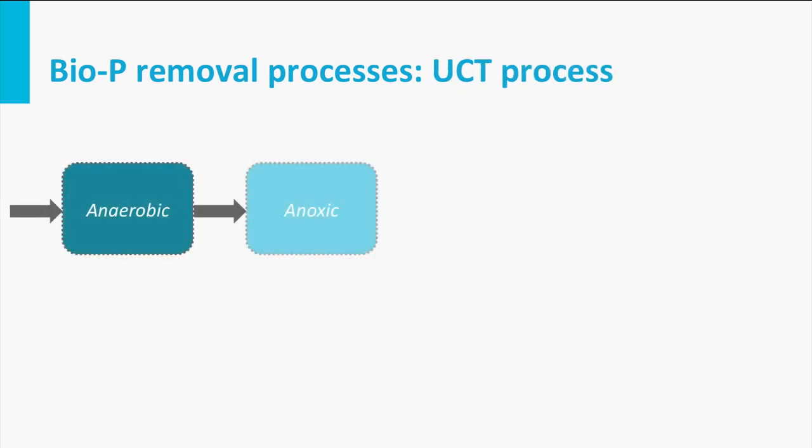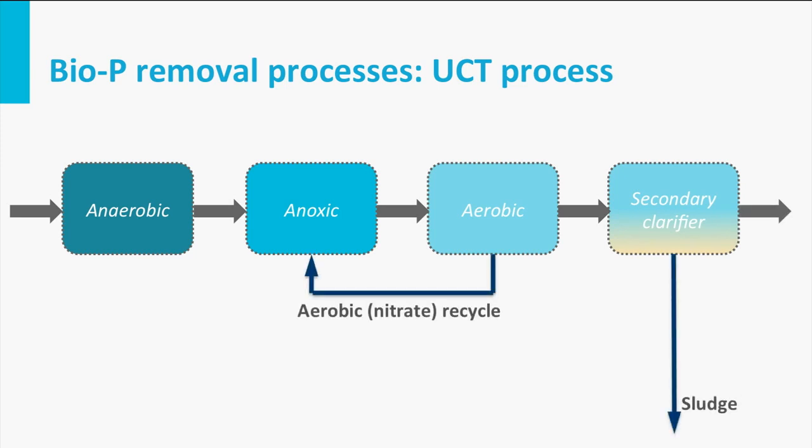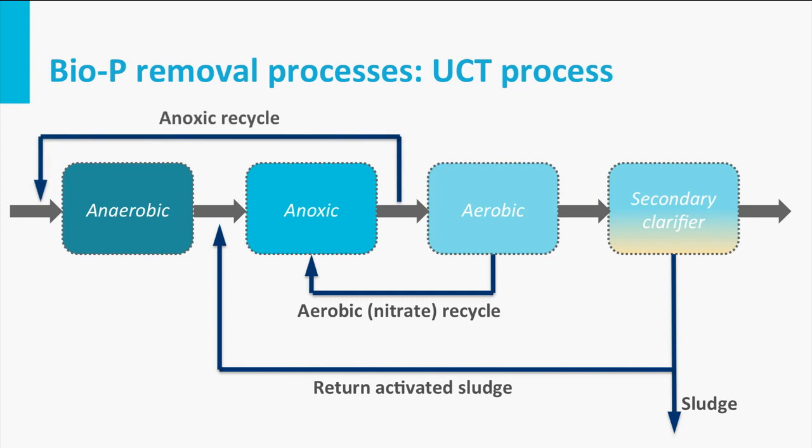A solution is found in a modified UCT process. The return activated sludge is introduced in an anoxic tank where denitrification can take place. The mixed liquor after denitrification, thus with low nitrate concentrations, is partly directed to the anaerobic tank, where it can be replenished with PHA.